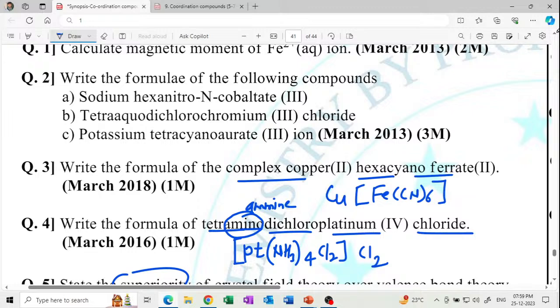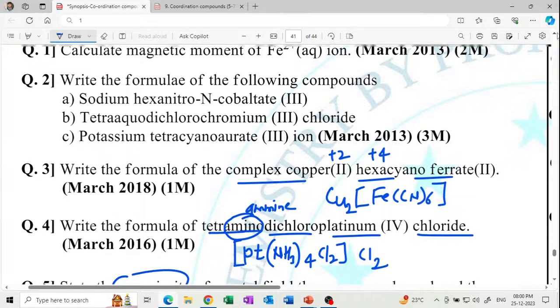Then how to balance the oxidation state? Okay, copper as a +2, so this is +2, and cyanide how much, +4, so this is the Cu2, get it, Cu2[Fe(CN)6]. This is your formula, Cu2[Fe(CN)6].